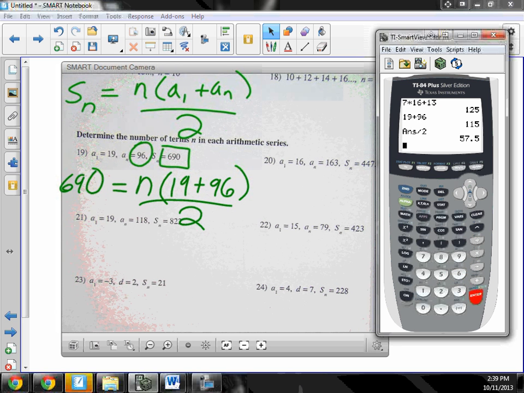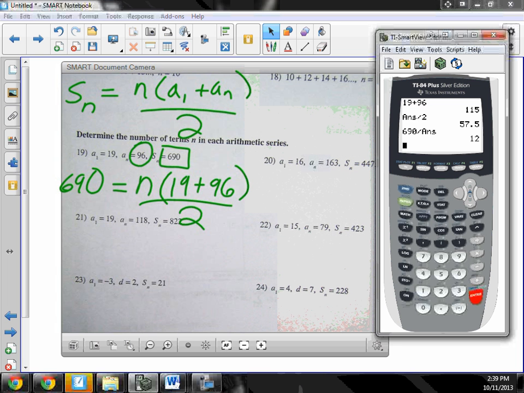Then what do I do? So, well, I already divided by 2. You might have done it differently. So did you times by 2 and then divide by this? Either way it'll work. So I'm going to divide by 57.5. So 690 divided by that answer is 12.